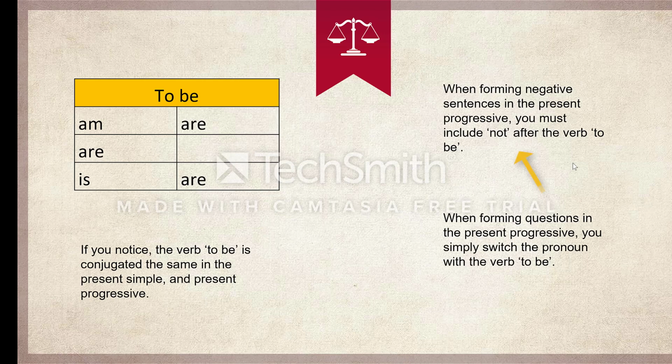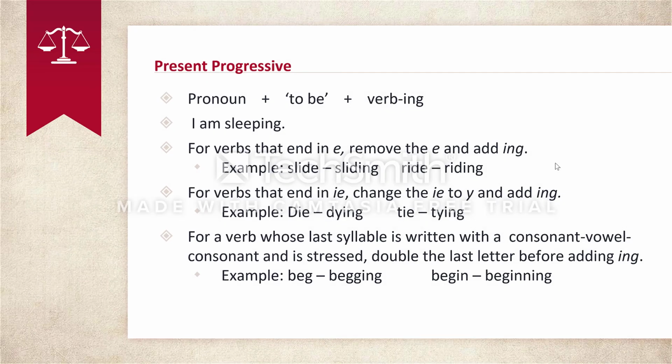When you are forming negative sentences, this is something that is new, you must include "not" after the verb to be. Again, we will see a few examples in the general sentence structure in the next slide forward. And when we are forming our questions in the present progressive, you simply switch the pronoun and the verb to be.